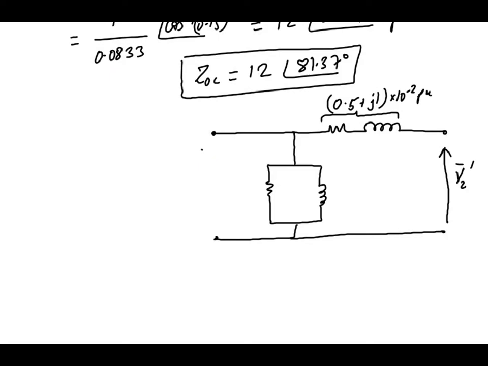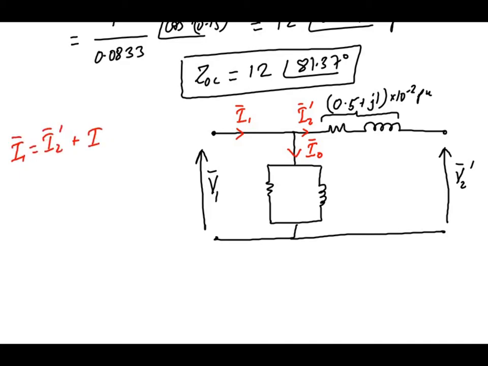Now this will be the applied voltage V1. This is at loaded condition. In this condition, the current in this branch will be I0, this is I2 dash, the secondary load current referred to primary side, and this is the primary current I1. Now from this diagram, you can calculate the value of I1 and V1. What could be the value of I1? I1 will be equal to I0 plus I2 dash.